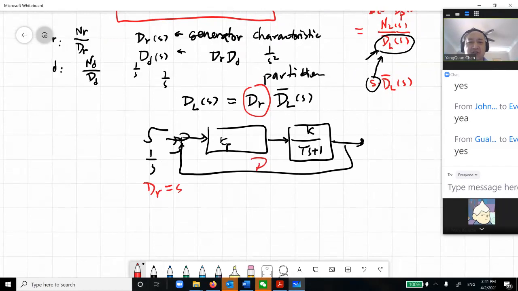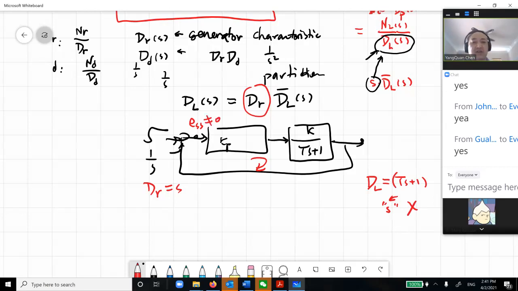But if you check this one, what is the dl? The dl is all the denominators added together. It will give you ts plus 1. There's no s you can pull out. It's not possible, okay?